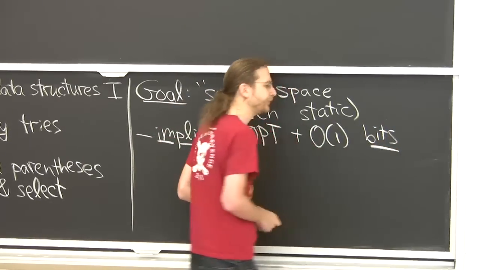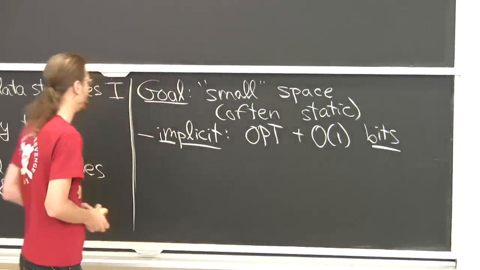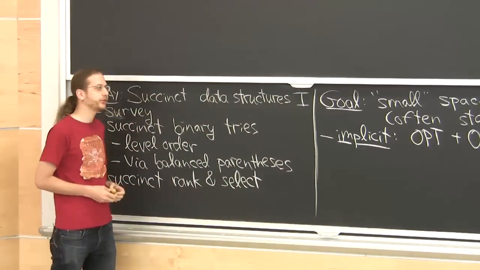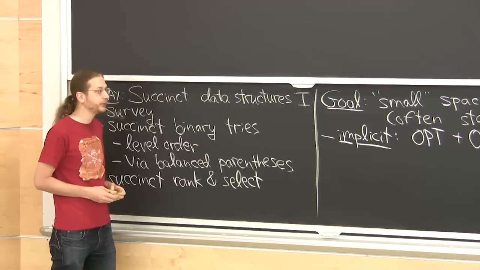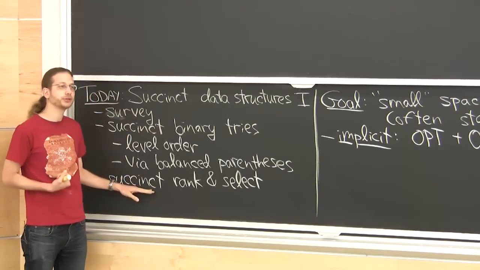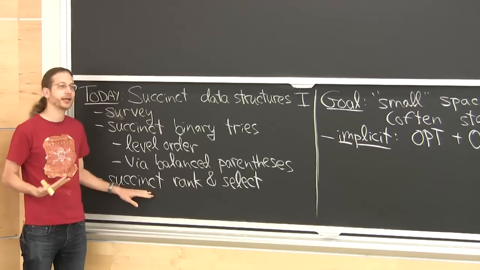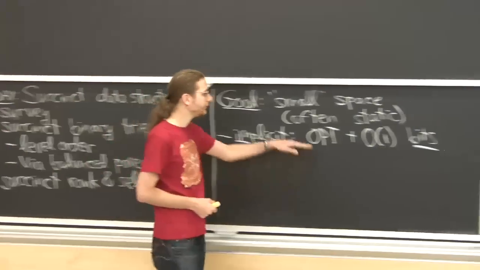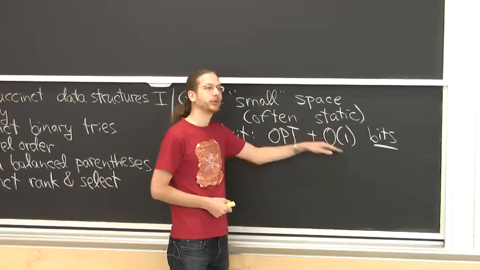But here we're focusing on bits, not words. And if you translate a linear word data structure, order n words is order n times w bits. And to store something like an n-bit vector, you should really only use order n bits, not order n w bits. Okay? Now, what would be ideal is if you use n bits plus a constant.